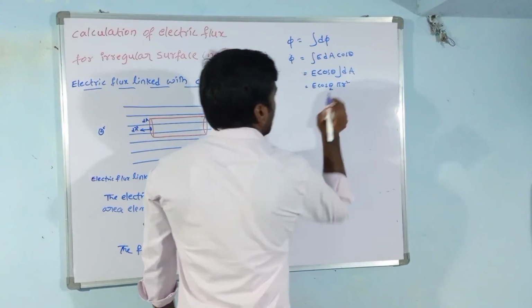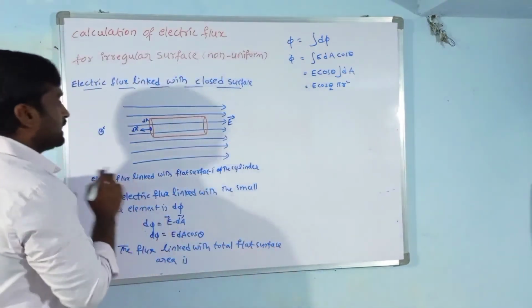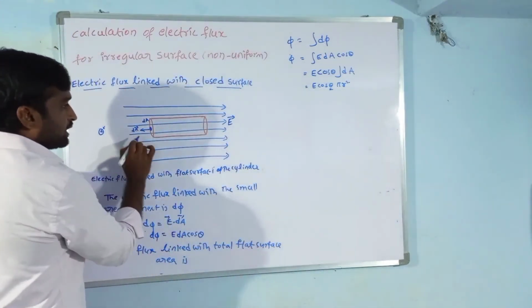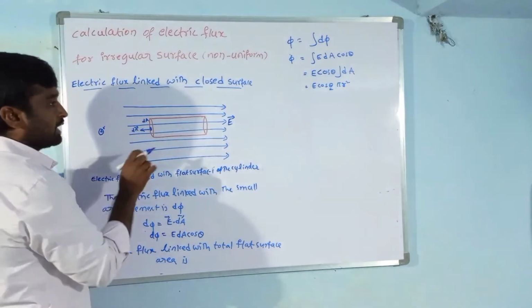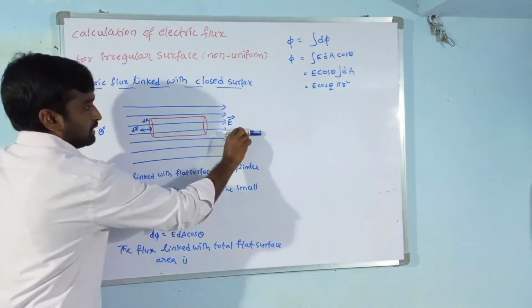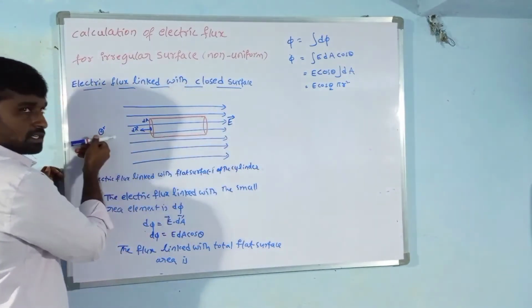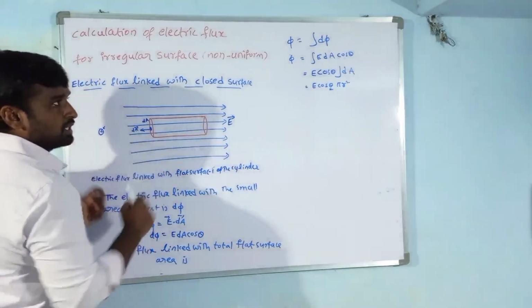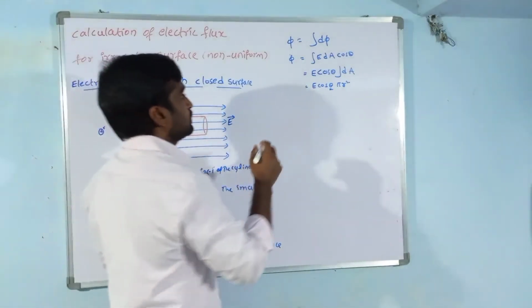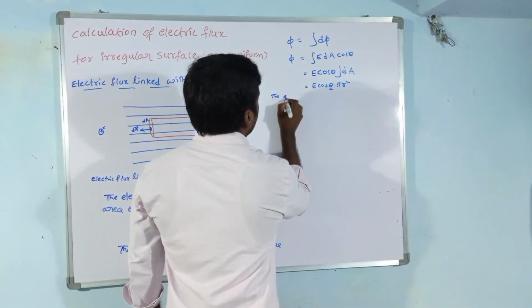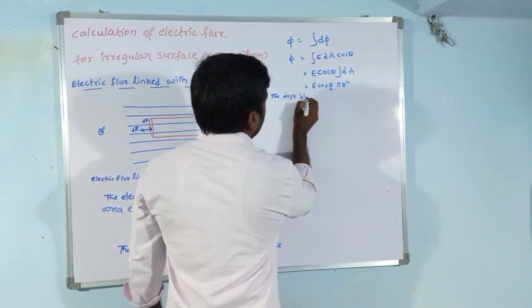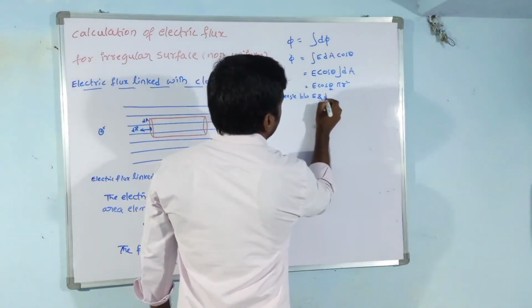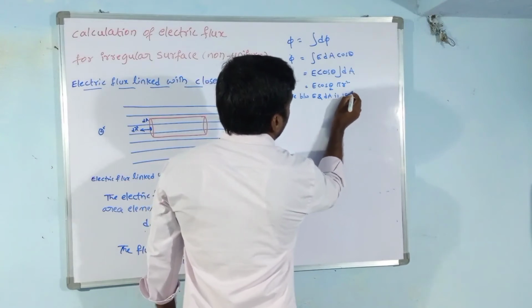Now what is the angle theta? It is the angle between the area vector and the electric field. The electric field is in this direction and the area vector is in this direction. Both are in opposite directions. Then what is the angle between these two? The angle between E and dA is 180 degrees.